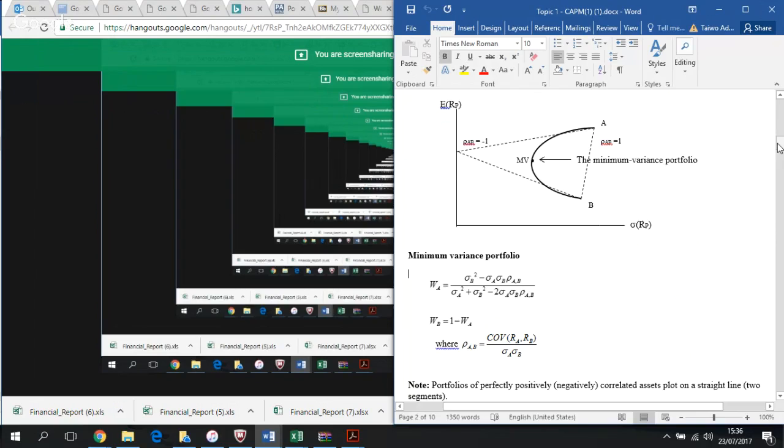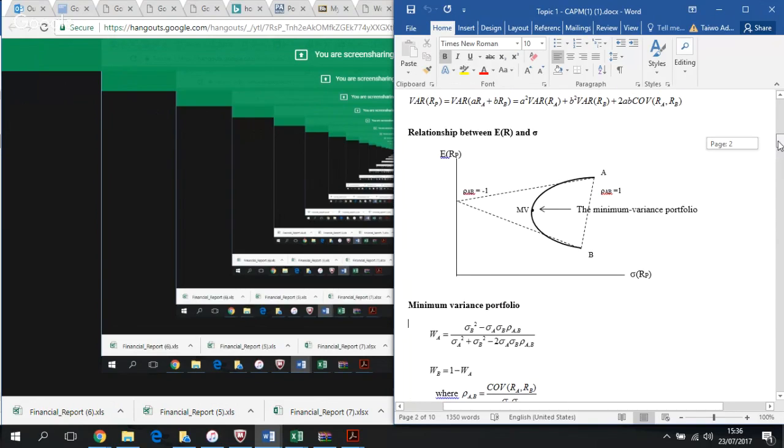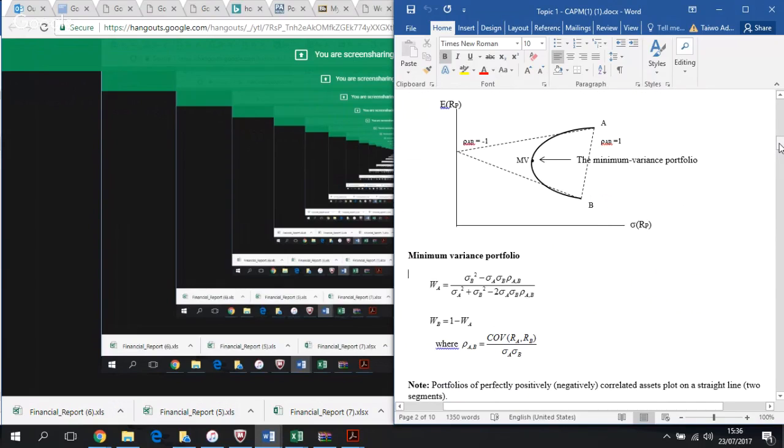This is like an advanced derivation. It's just defining what correlation is within WA and WB.